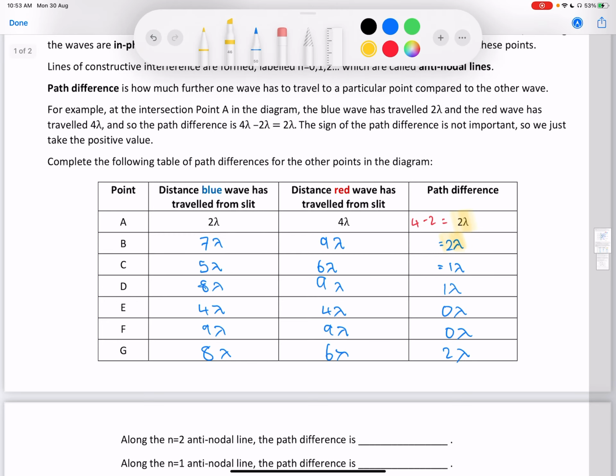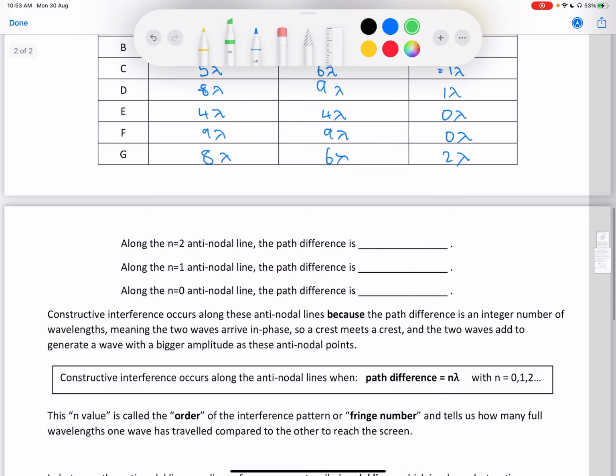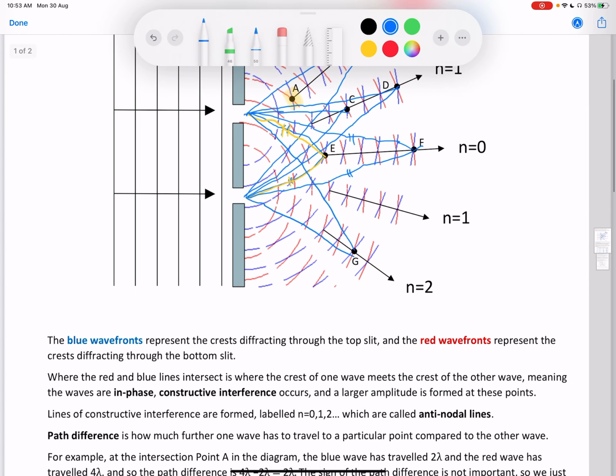That's what we're after. We're just using our pattern recognition there. We could also see that it works on the other side.